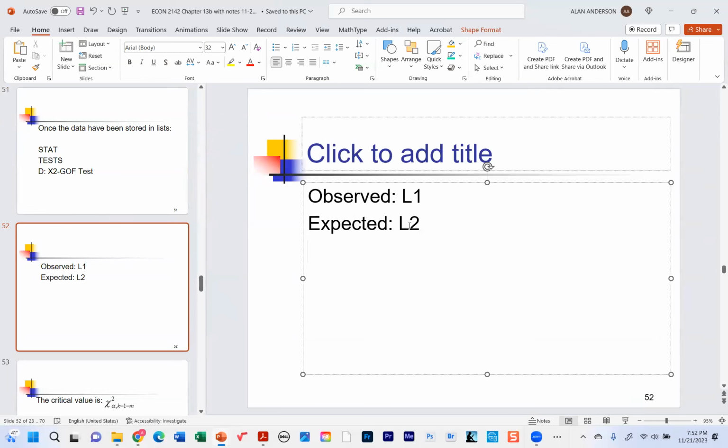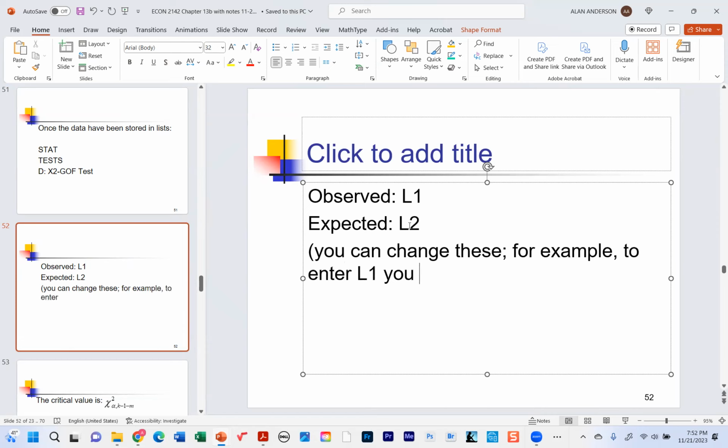And by the way, in case they're different, you can change these. For example, to enter a L1, you type second followed by 1. And then now here's where it gets interesting. Degrees of freedom. We haven't figured out the degrees of freedom yet. The degrees of freedom is done in the following way.